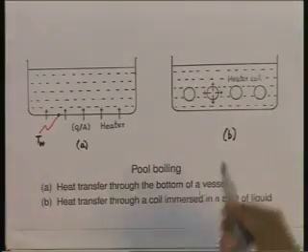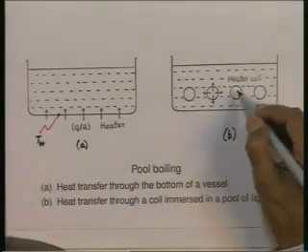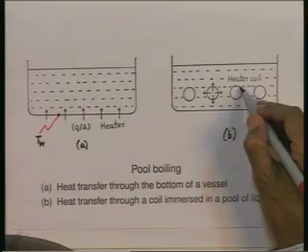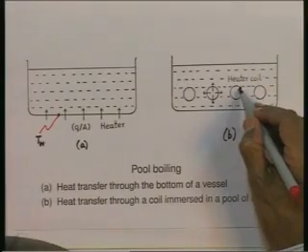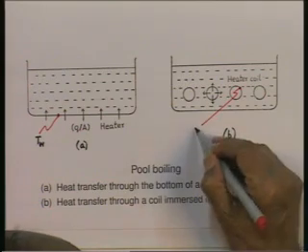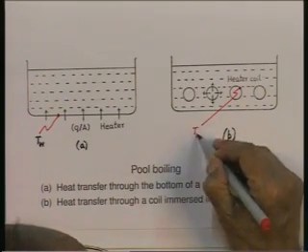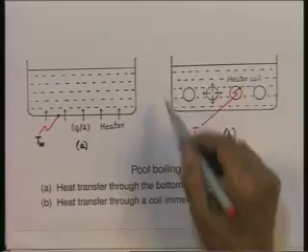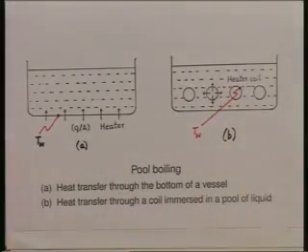In which case, the temperature of this heater coil, the surface temperature here, is what we mean by T w. This is T w. And again the liquid is at a pressure, and the saturation temperature corresponding to that pressure is T s.